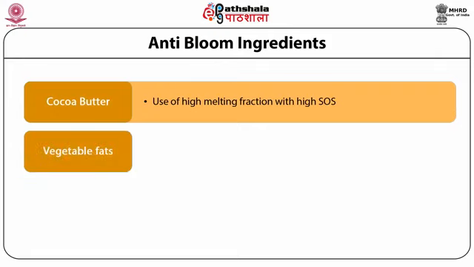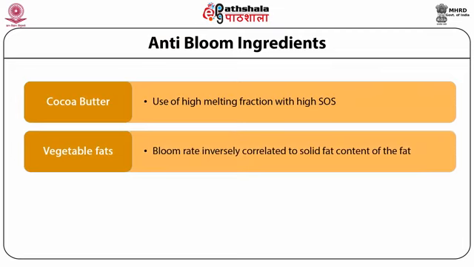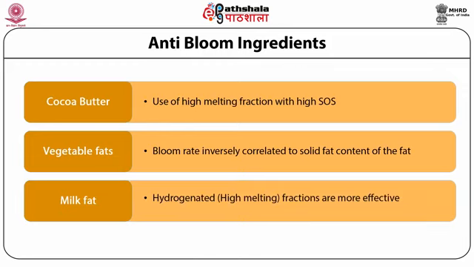For the vegetable fats that are added, again, the bloom rate is inversely correlated to the solid fat content of the fat as such. So higher the solid fat content, more is the chance of bloom. So the rate of blooming will decrease with reduction in solid fat content. Milk fat, again hydrogenated, that is high melting milk fat fractions are more affected.